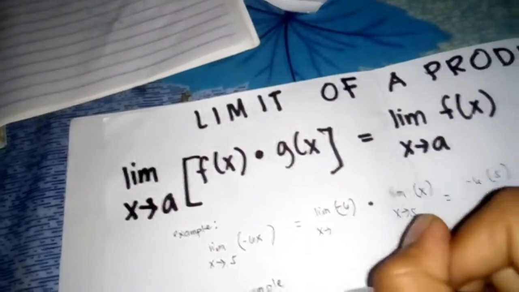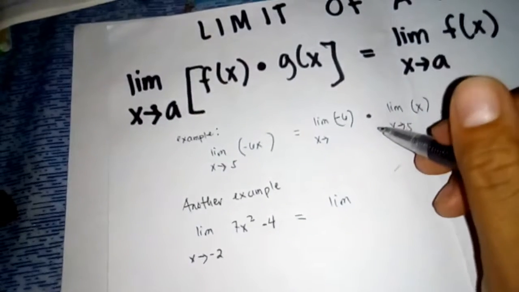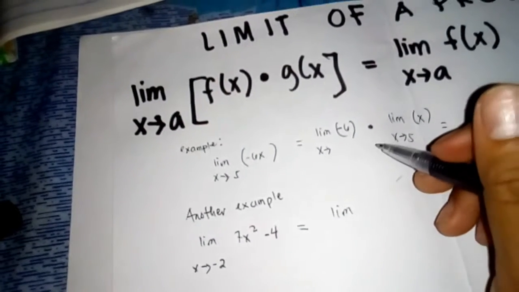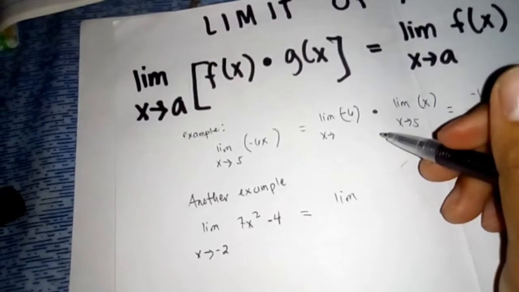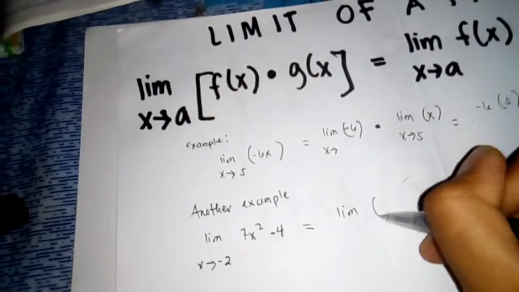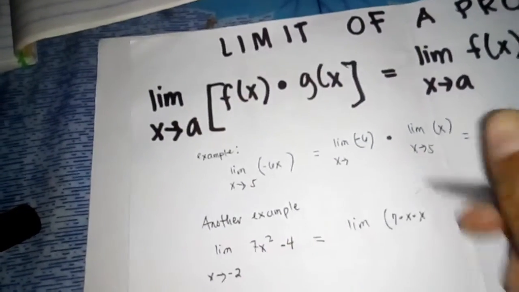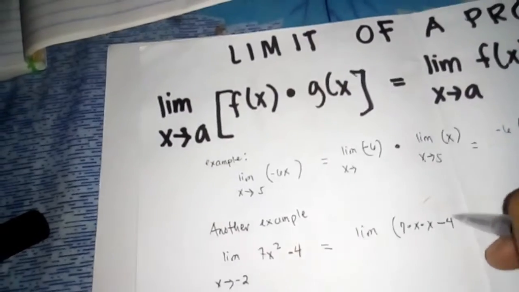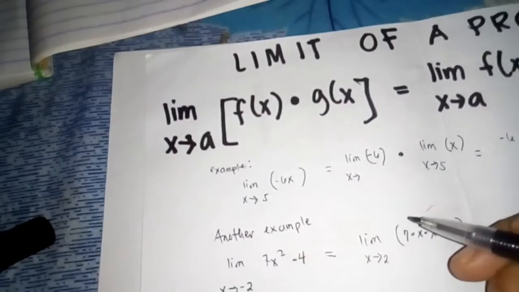We factor it out into the limit of 7 times x times x, minus 4, as x approaches negative 2.